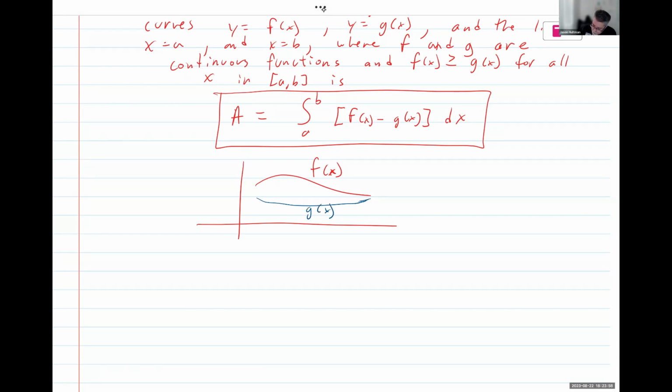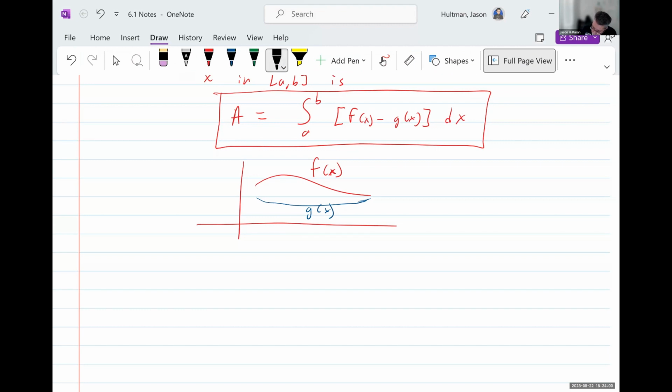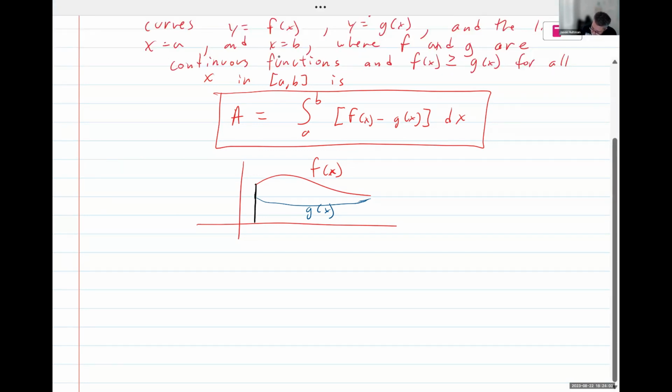Okay, and the boundary of this curve goes from a to b for both of the curves. You can see that f of x is always greater than g of x, regardless of where it is on the curve.